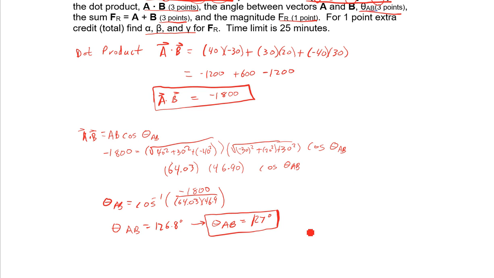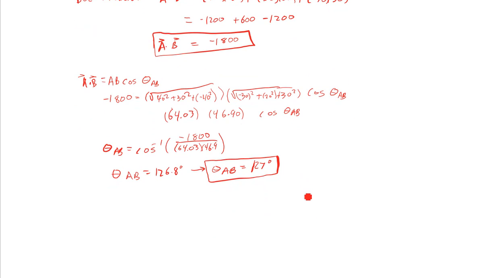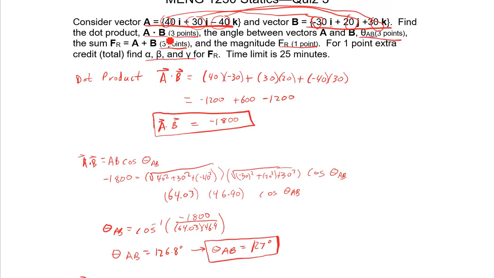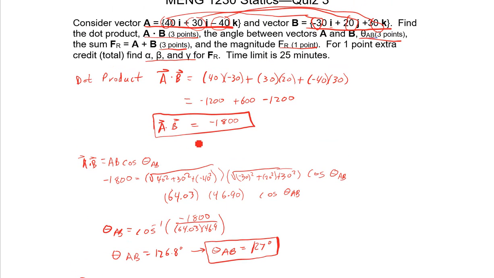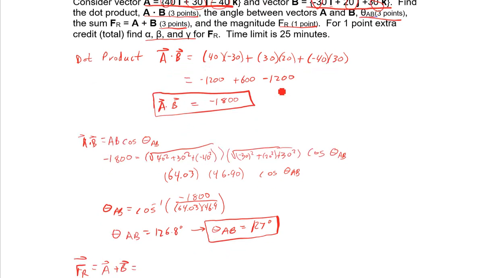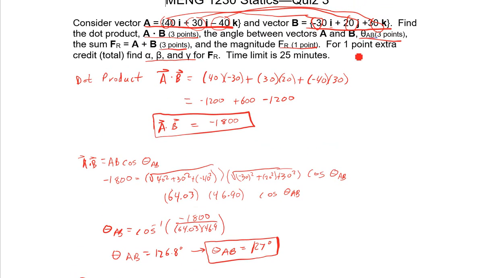Alright, finally adding the two vectors, FR equals A plus B. Now instead of multiplying our i and j components like we did for the dot product, we're just going to add them together. So we have 40 plus negative 30, 30 plus 20, and negative 40 plus 30. So our first term is going to be 10, second term is going to be 50, our third term is going to be negative 10.